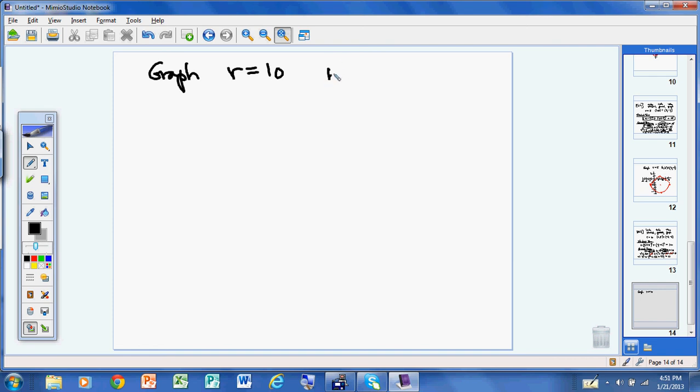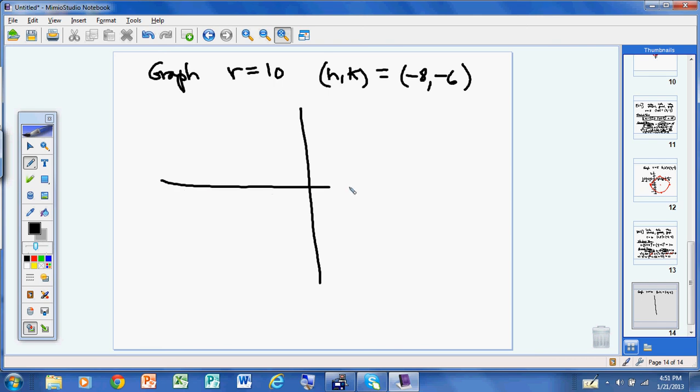And then your HK center is equal to negative 8, negative 6. Okay, so again, they're going to be counting by 2's. Let's see where this is going to be at. Negative 8, negative 6 is going to be in this quadrant here.